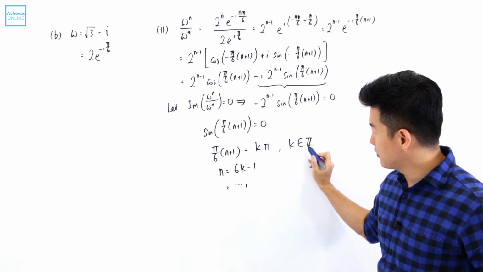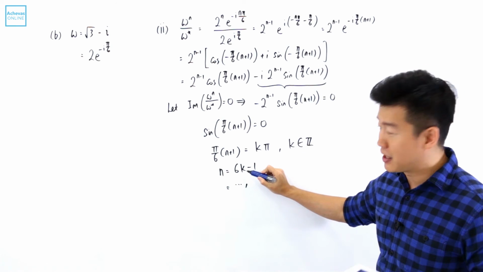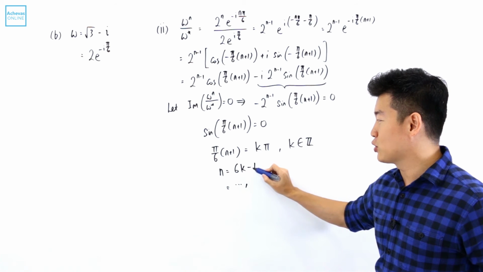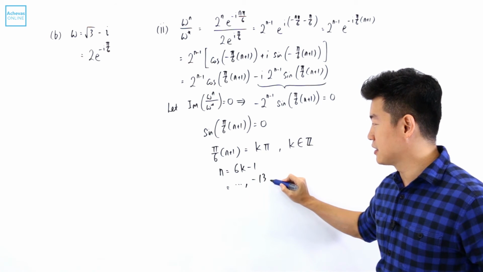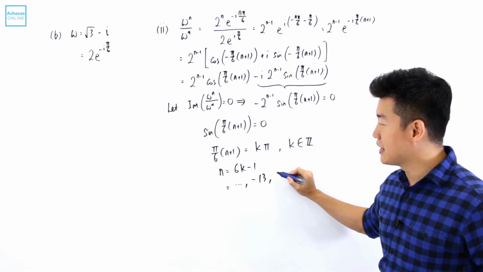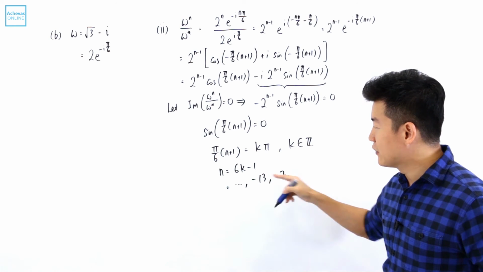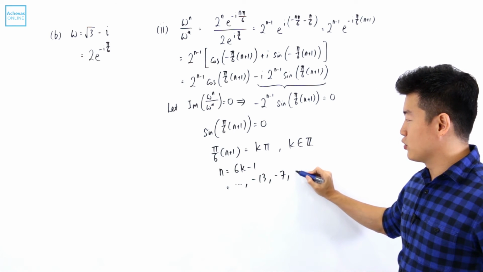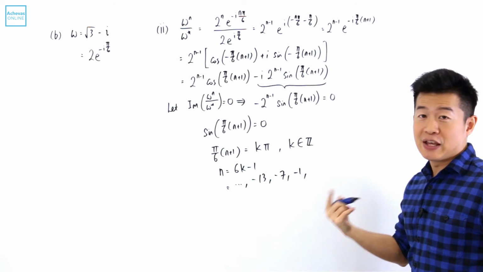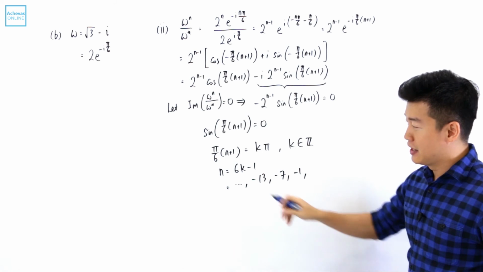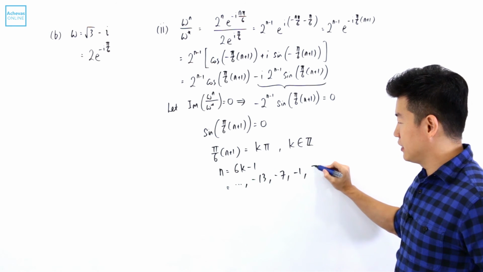So if k, which is an integer value, is minus 2, n is going to be minus 12 minus 1, so minus 13. If k is minus 1, then it will be minus 7. If k is 0, that means this is going to be just minus 1. If k were to be, let's say, 1, it will be 6 minus 1, it is 5.